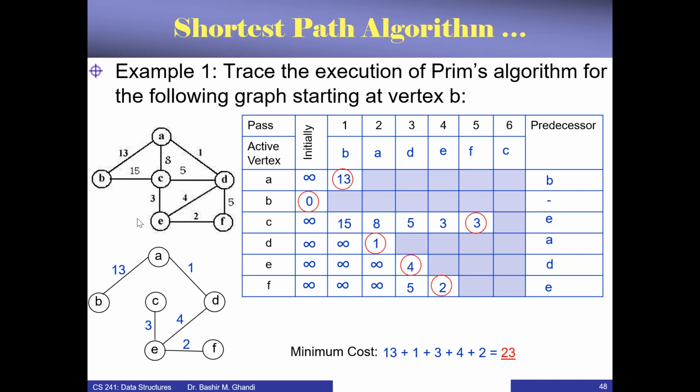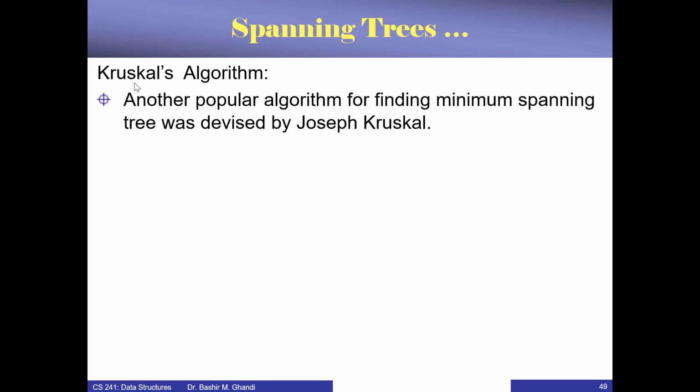All right. The second algorithm that we can use to find minimum cost spanning tree is probably even easier. It's called Kruskal's Algorithm. And as I said, the algorithm was devised by the guy named Kruskal.